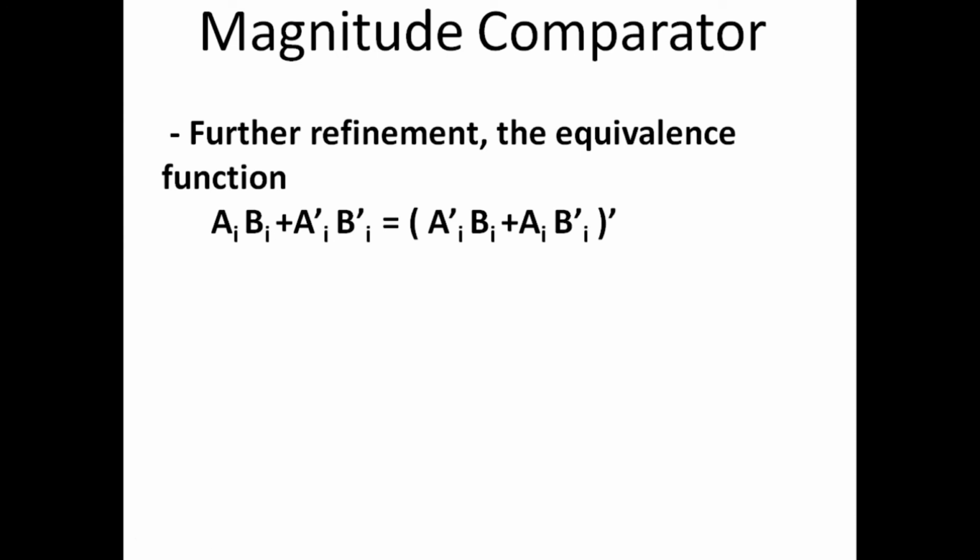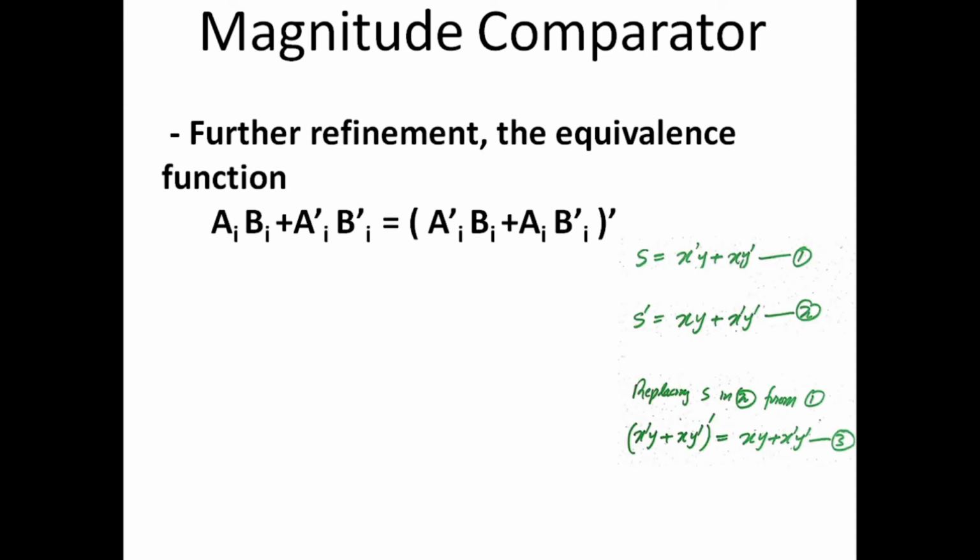We have already derived similar equations before. Just to remind you, when we designed a half adder, we derived the Boolean equation of S by combining the minterms where the output was 1.